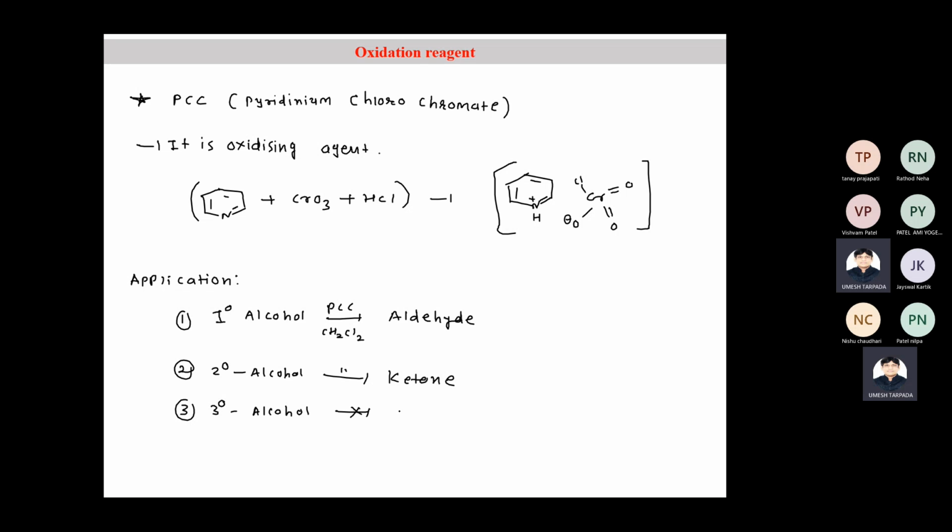No reaction. 3 degree allylic alcohol may undergo reaction and get converted to ketone this way. This is called the role of PCC.